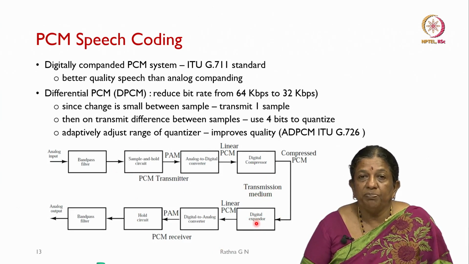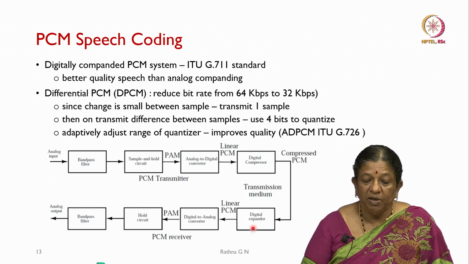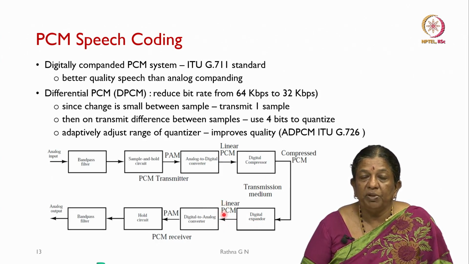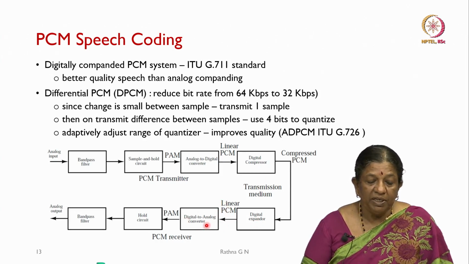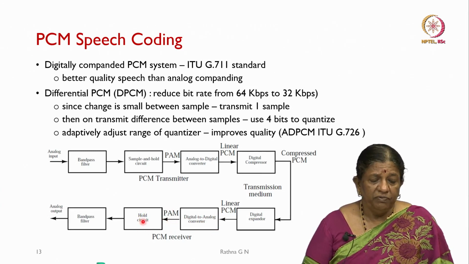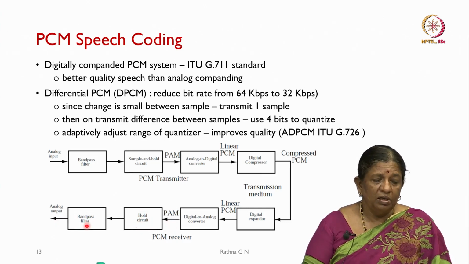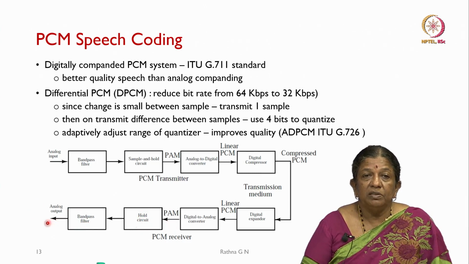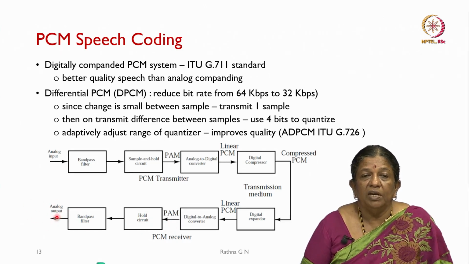We will be expanding, so from the compressor an expander is used here, then again linear PCM, and then converting with a digital to analog converter, then analog modulation, and using the band pass filter we get back our analog output.